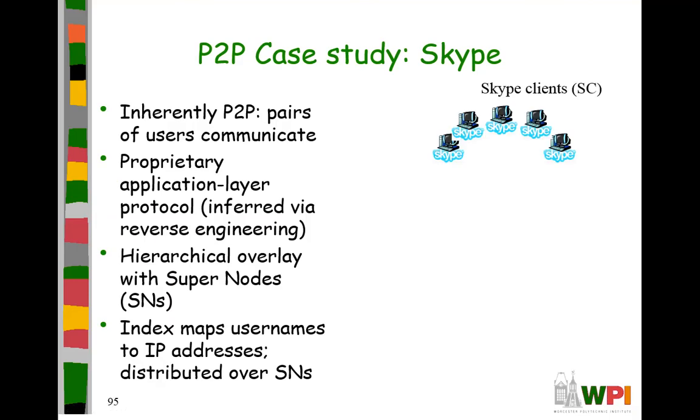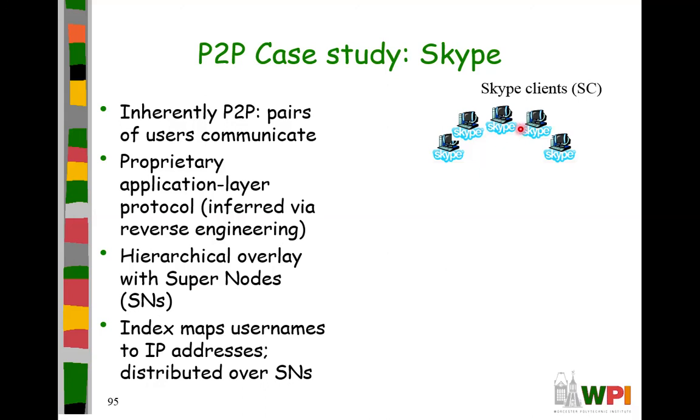Skype is a case study of a P2P system. It uses a P2P architecture to communicate between peers. It is a proprietary application, so its working is not known, but through reverse engineering people have found how it works. It works by having super nodes.